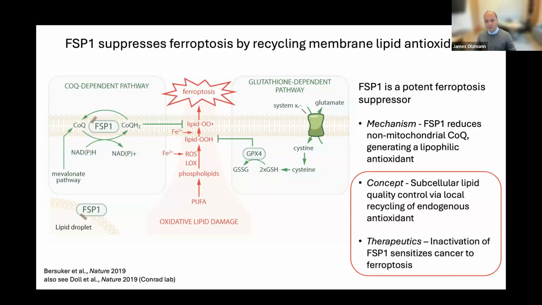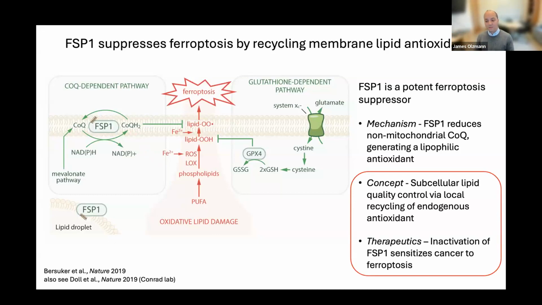So this raised several questions that I'd like to touch on today, one being this concept of subcellular lipid quality control. And I think this can be seen similar to protein quality control, that there are different mechanisms to degrade damaged proteins in different compartments in the cell, and this can have very different phenotypic consequences if you accumulate damaged proteins in these different organelles.